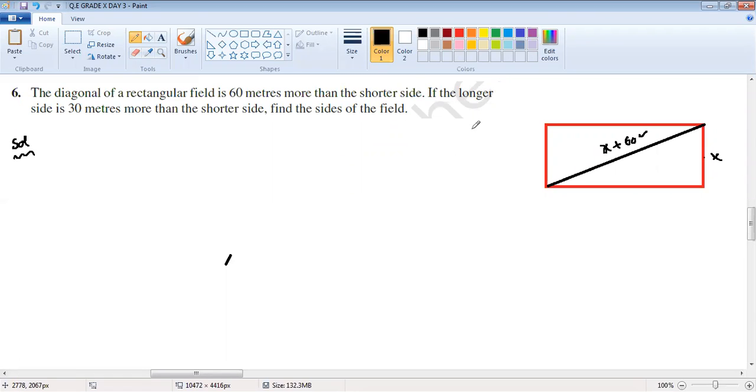Okay. And if the longer side is 30 meters more than the shorter side, so what is this? x plus 30, right? So what is the relation between them? Please write the shortest side.